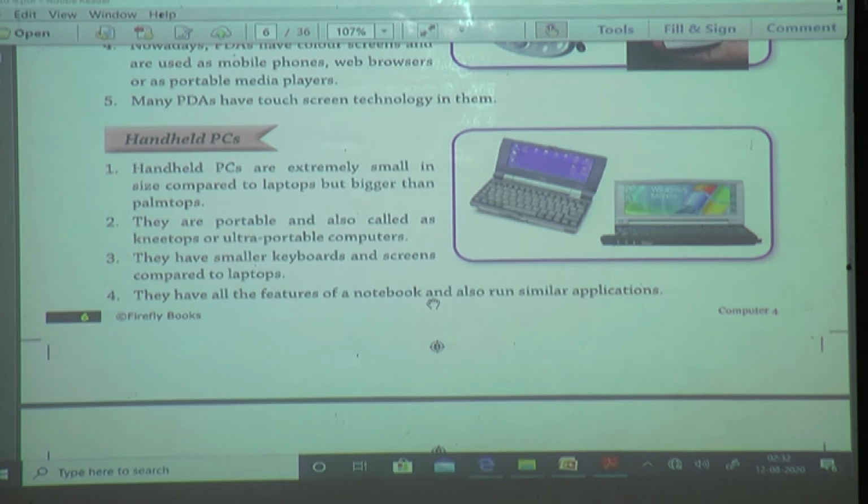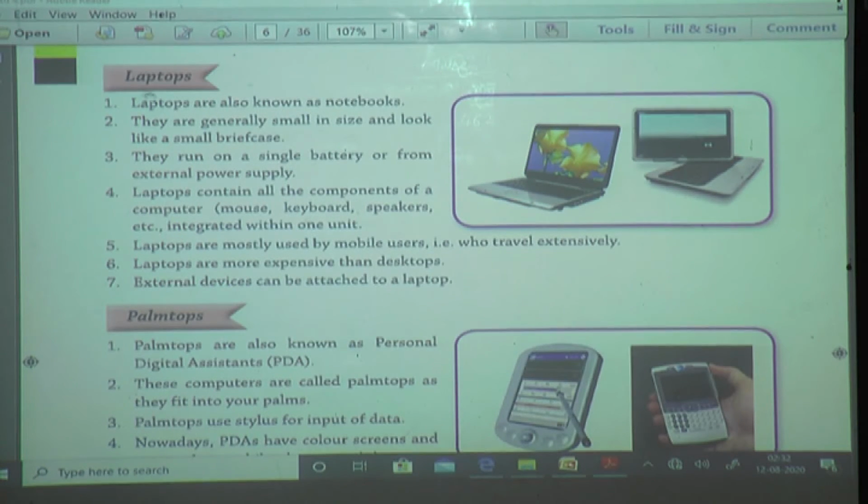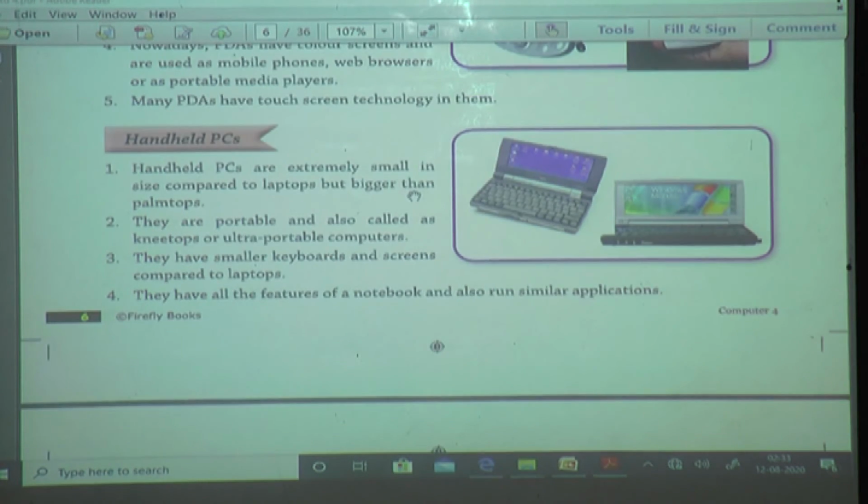Yes, good. Notebook means laptop. A laptop is also known as a notebook. So a handheld PC has the same features as a notebook and also runs similar applications, just like how a laptop runs.